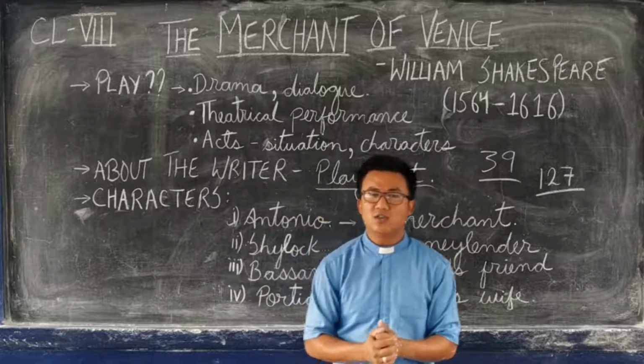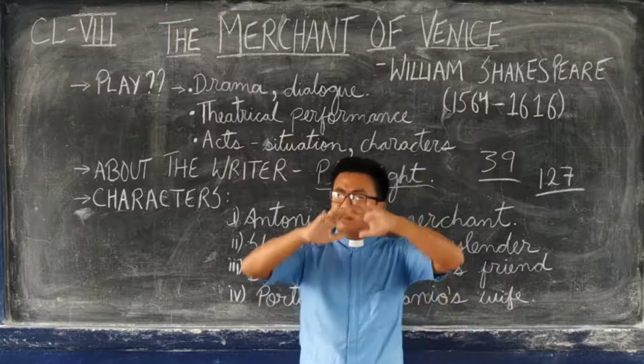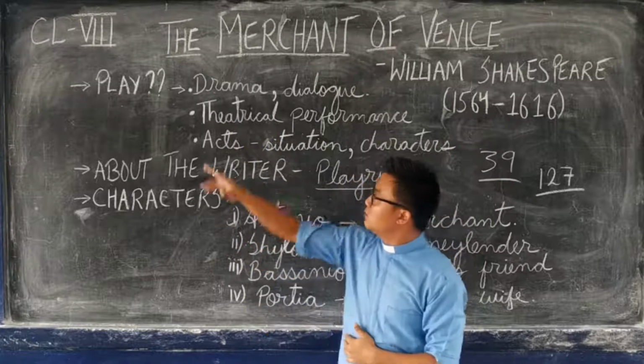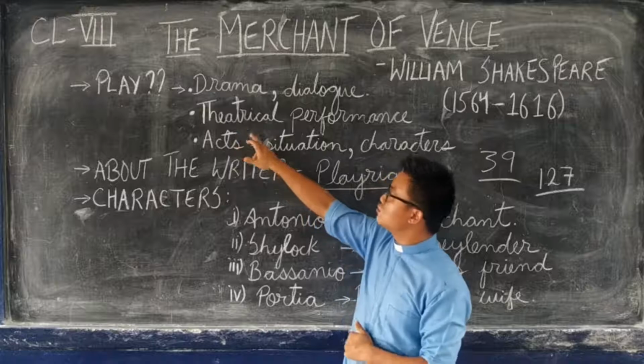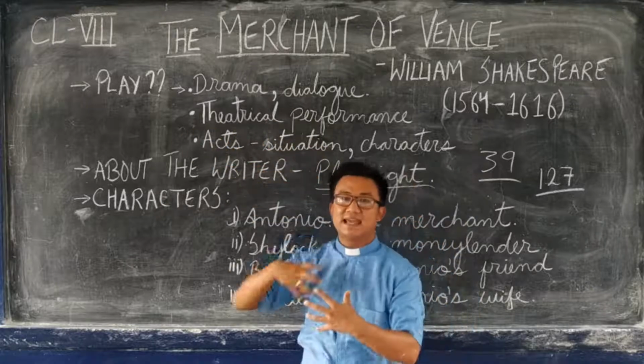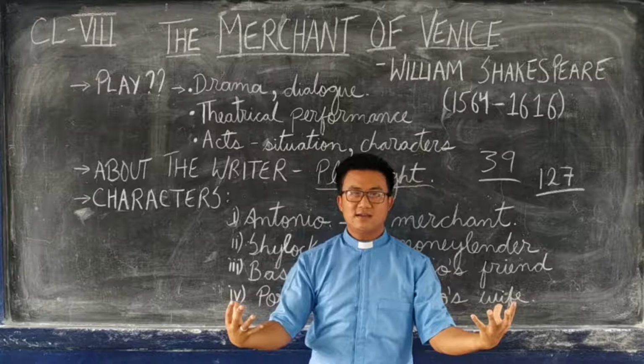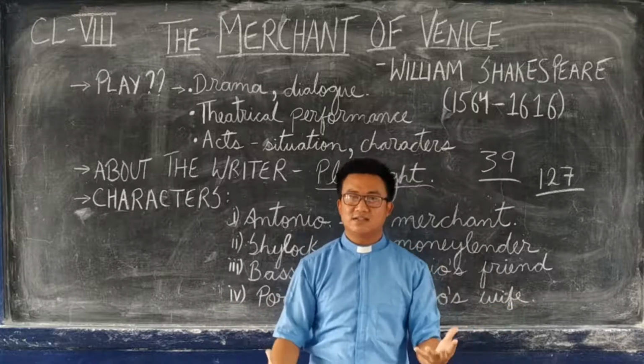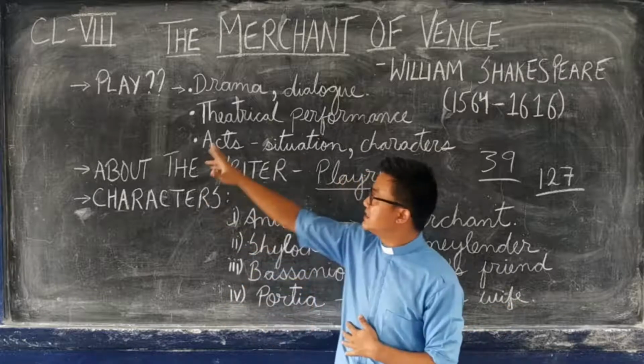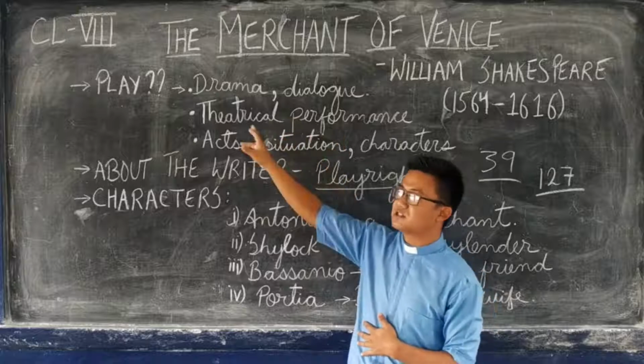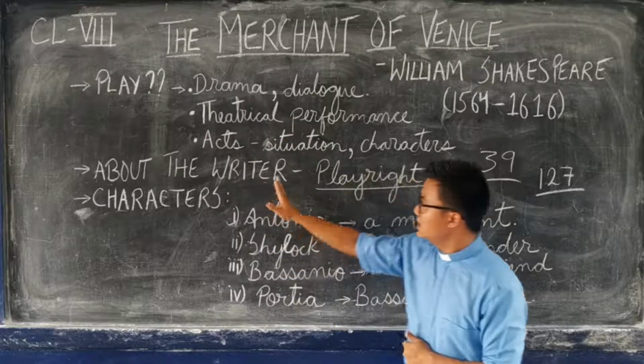There were no movie halls. So people had big halls which were known as theatres, and they used to perform all these kinds of plays, dramas, as a means of entertainment, amusement for them. So that was the purpose of a play, theatrical performance.